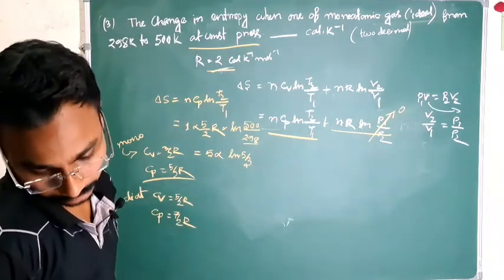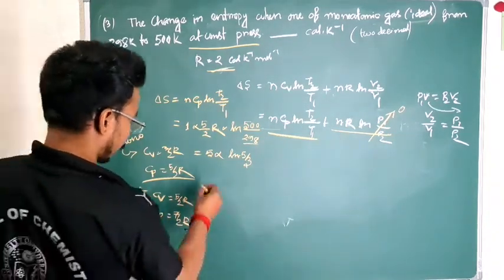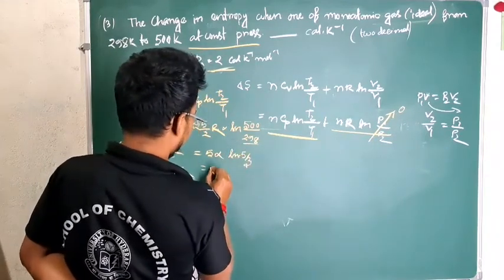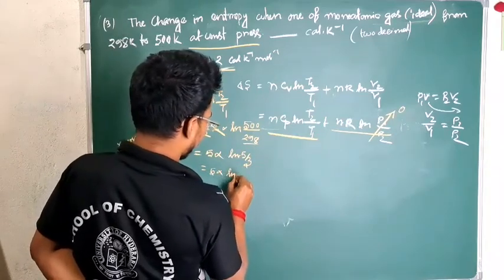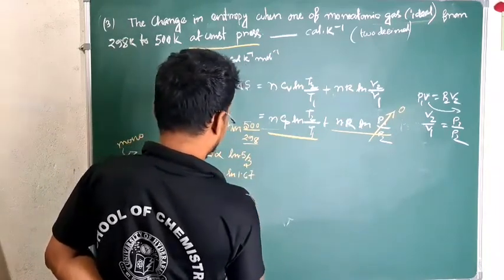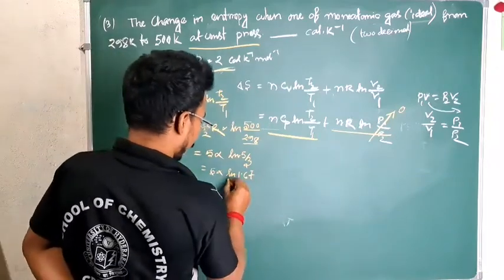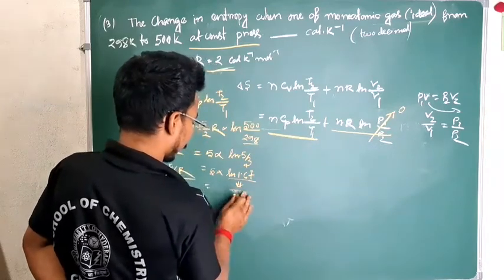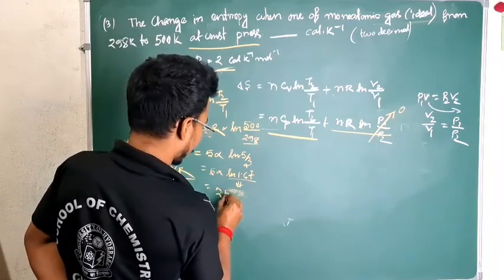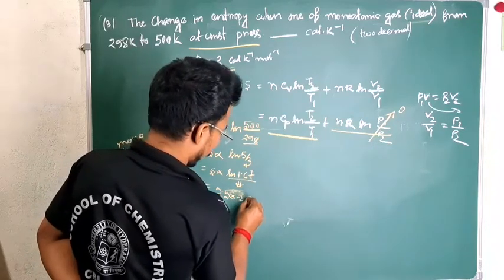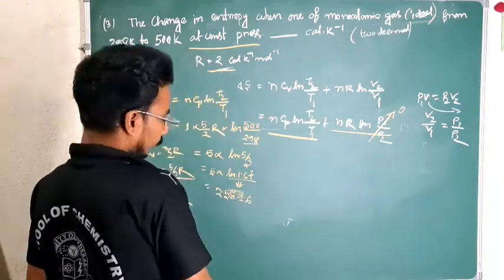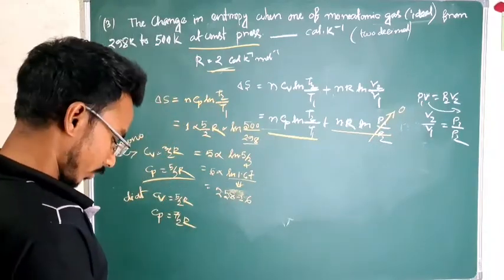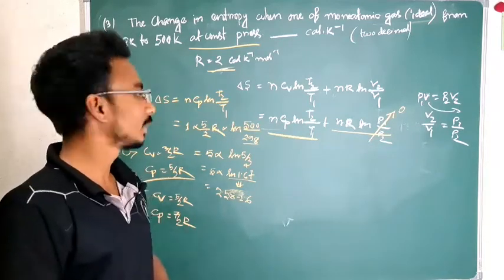It will come around 0.5 something, so the answer will be around 2.58 to 2.6. Calculate it. Okay, so let's proceed to the next question. Sorry, I am taking a little bit more time.